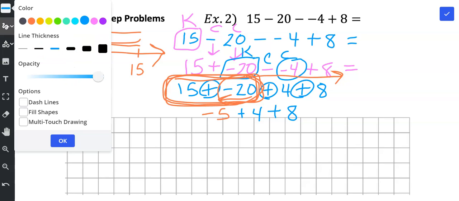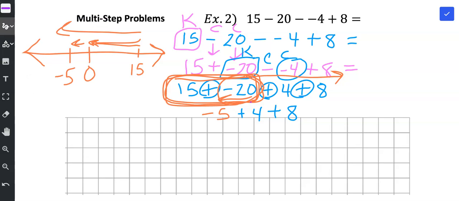And then I'm going to focus on, again, just the beginning. So negative 5 plus 4. And this time, you know what? Maybe I want to use my integer chips. So I'm going to have 1, 2, 3, 4, 5 red integer chips, which I'm going to show as negative symbols. And then I'm going to have 1, 2, 3, 4 addition signs, which are my yellow chips.